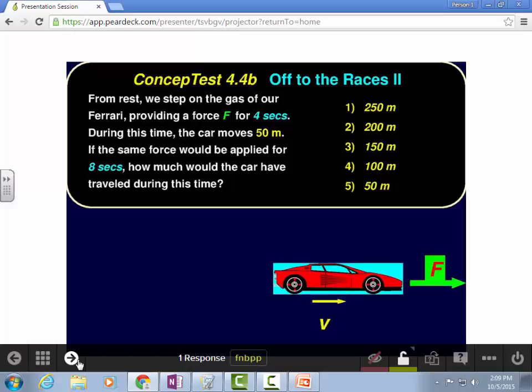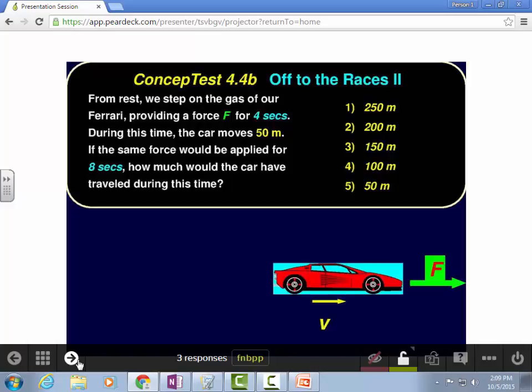8 times 4 is 30. It's constant velocity. Think what same force means. Why? What is this?